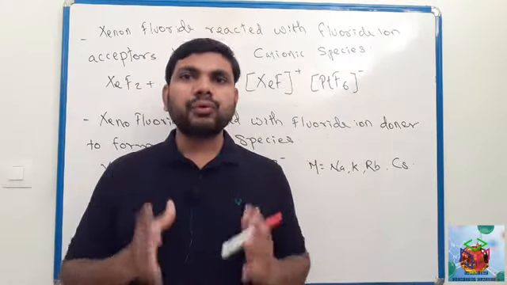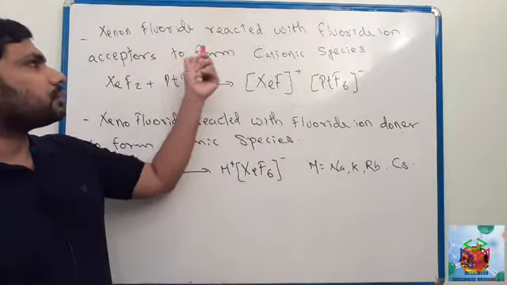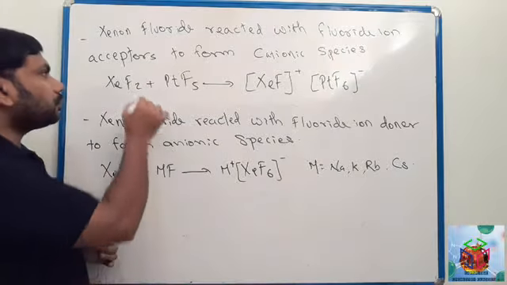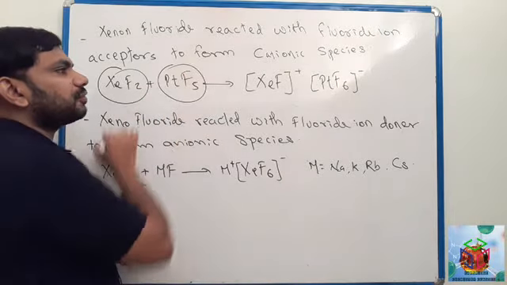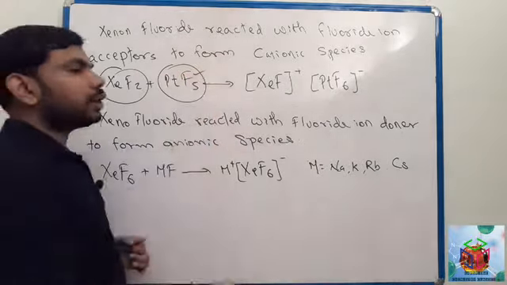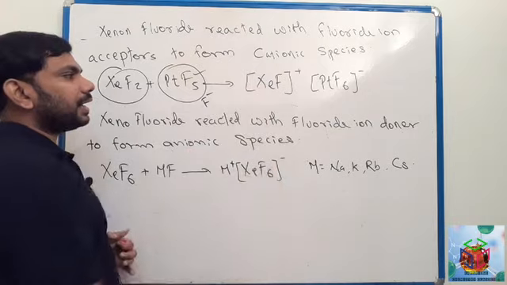This xenon fluoride reacted with a fluoride ion acceptor. Here we have one xenon fluoride and PF5. It is a fluoride ion acceptor. It will accept one fluoride ion.